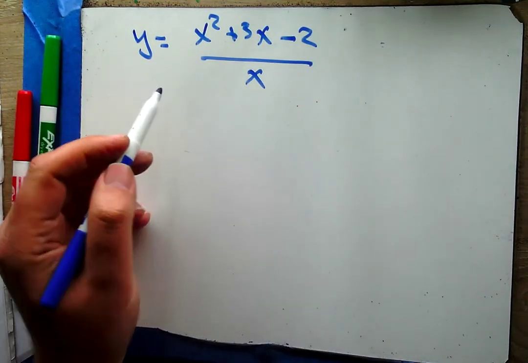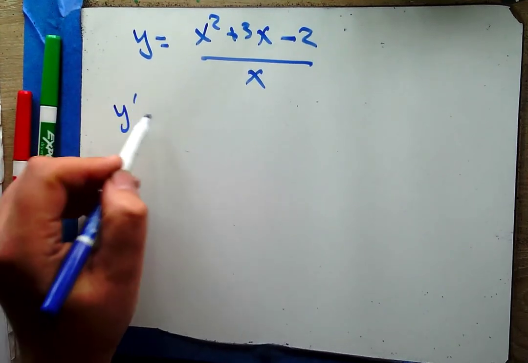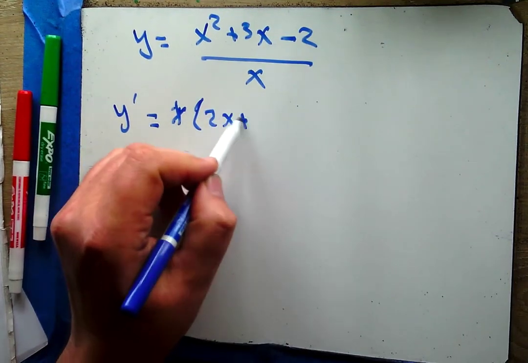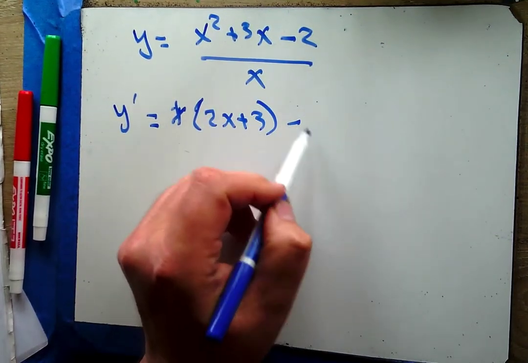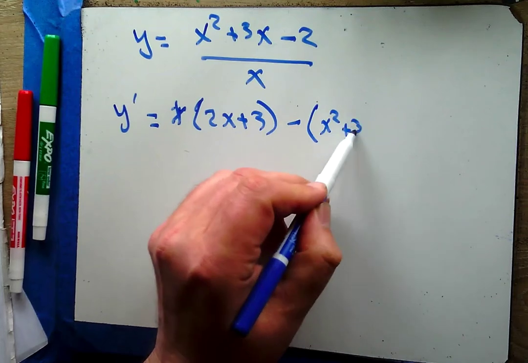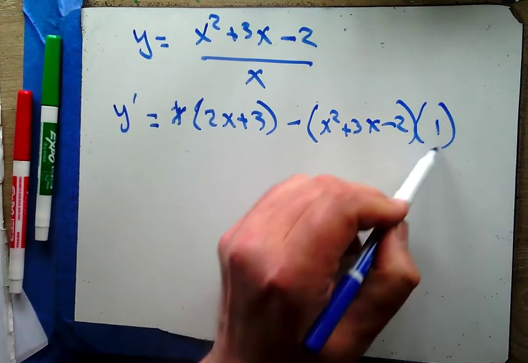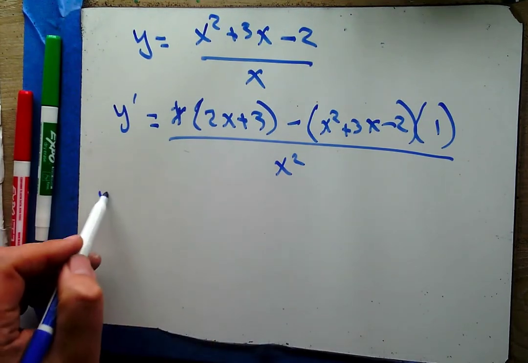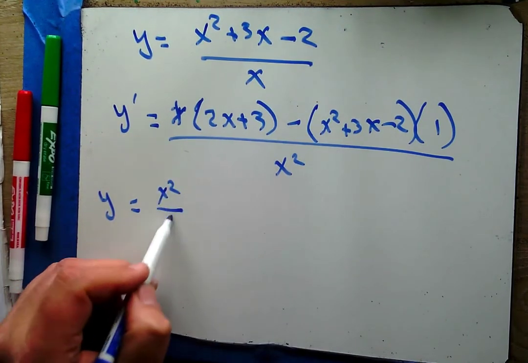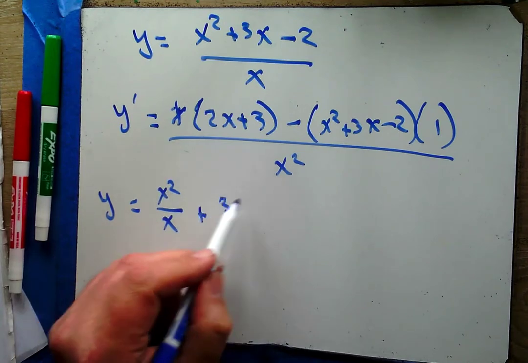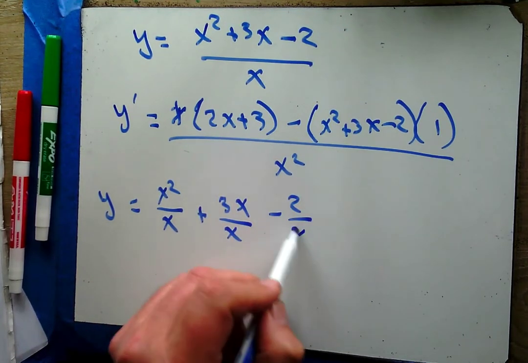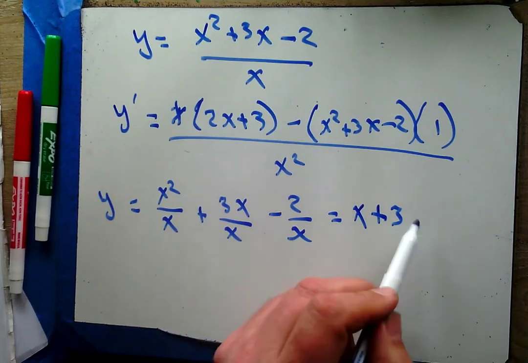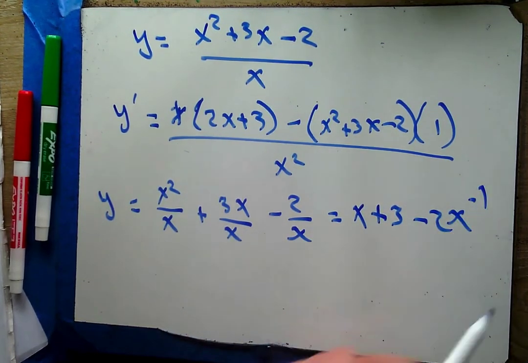1. Well, y prime, low d high minus high d low over low squared, or break this up into x squared over x plus 3x over x minus 2 over x, and so that becomes x plus 3 minus 2x to the minus 1.